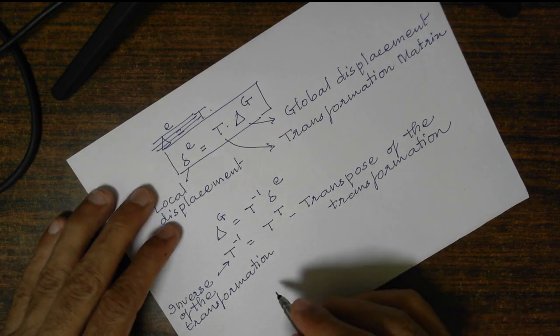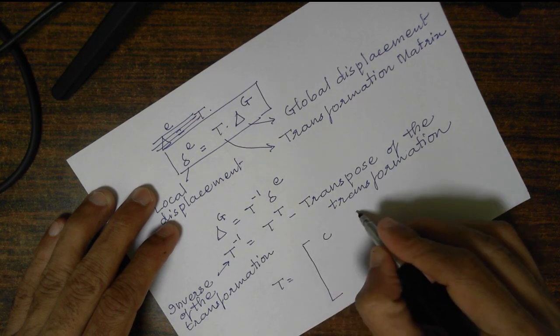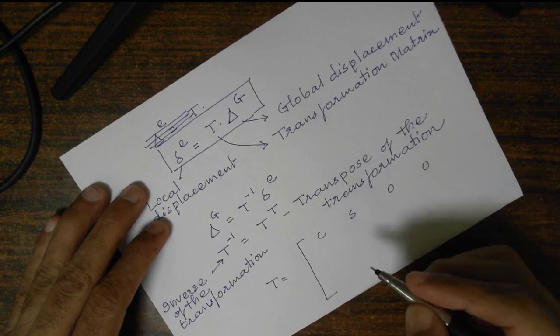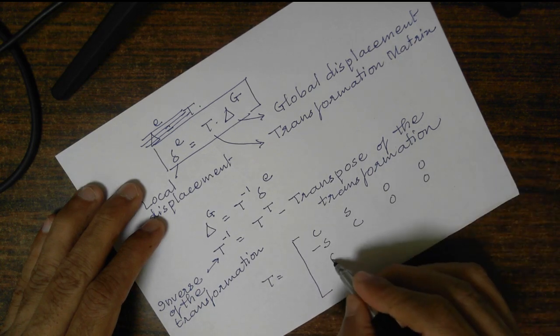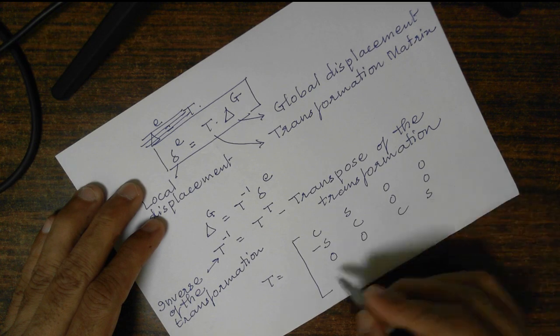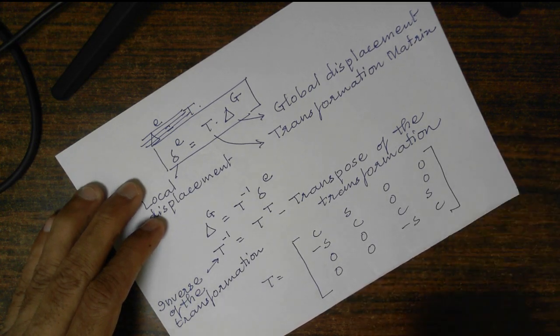So our T matrix in this particular case is [C S 0 0; -S C 0 0; 0 0 C S; 0 0 -S C]. This is the nature of the T matrix.